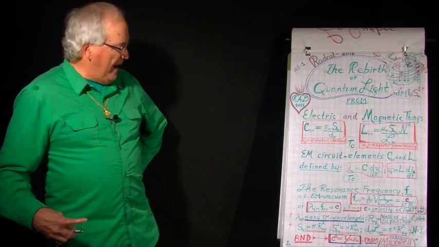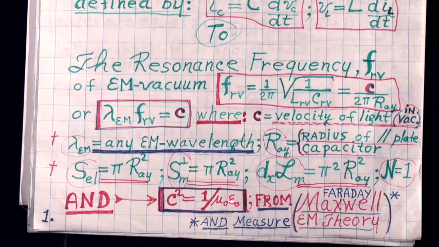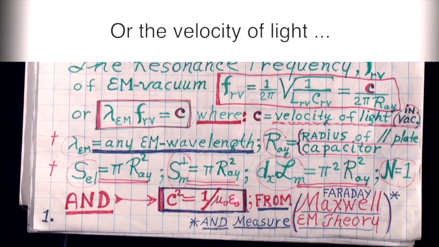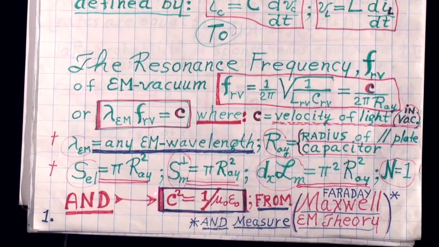When they are combined, if you take the inverse of the product of these two constants of the vacuum, it gives simply the square of the speed of light. So there is a direct relation between the speed of light and the vacuum electromagnetic parameters.